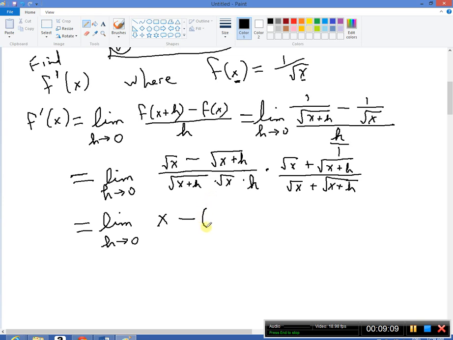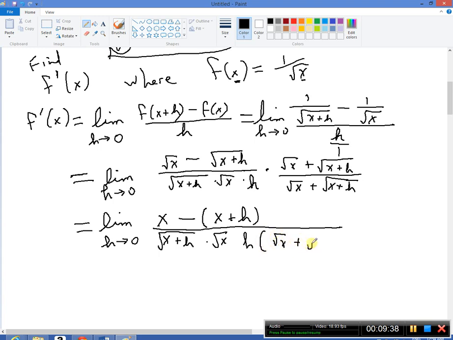And make sure you put parentheses around it because it's that whole thing that's being subtracted, x plus h. That's this squared minus that squared after you multiply through. And then you have to divide that by, unfortunately, there's not much that happens that's good downstairs, so you're just going to have to keep square root of x plus h under the radical times square root of x times h times that mess, square root of x plus square root of x plus h.